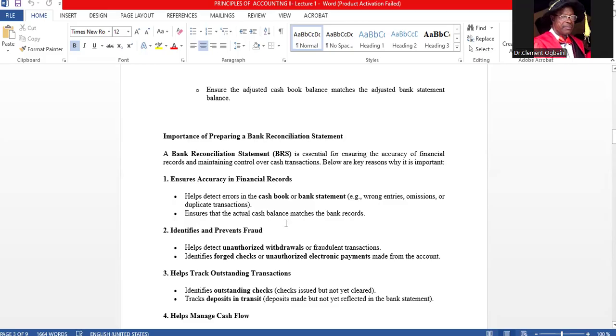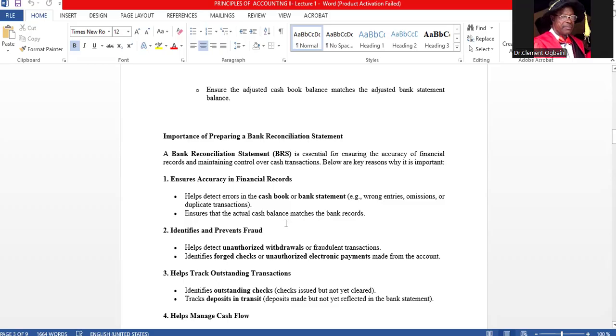Number one, it ensures that there's accuracy between the bank statement and the cash book, because that accuracy is necessary, since the figure you have there as a bank balance will appear in your balance sheet. So if the figure is wrong, your balance sheet figure will not be correct.